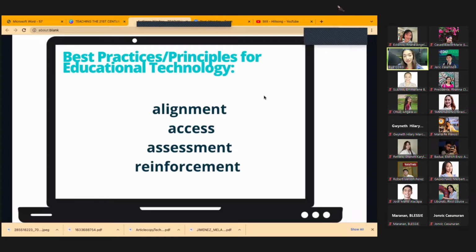Okay, access, are your technologies or even the tools, specific materials used in the class accessible? So when we talk about access, dapat yung estudyante kayang ma-access, and hindi expensive, okay, meaning meron kang consideration sa circumstances, no? And unique circumstances ng mga estudyante mo.